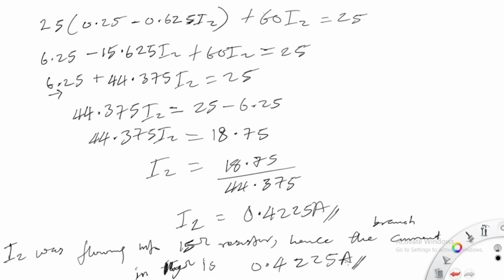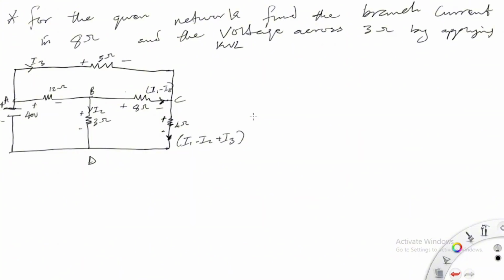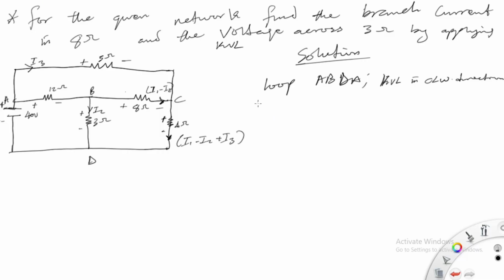So we would look into another example. So how do we do that? Let's now say solution. By considering loop A, B, D, A and applying KVL in a clockwise direction.